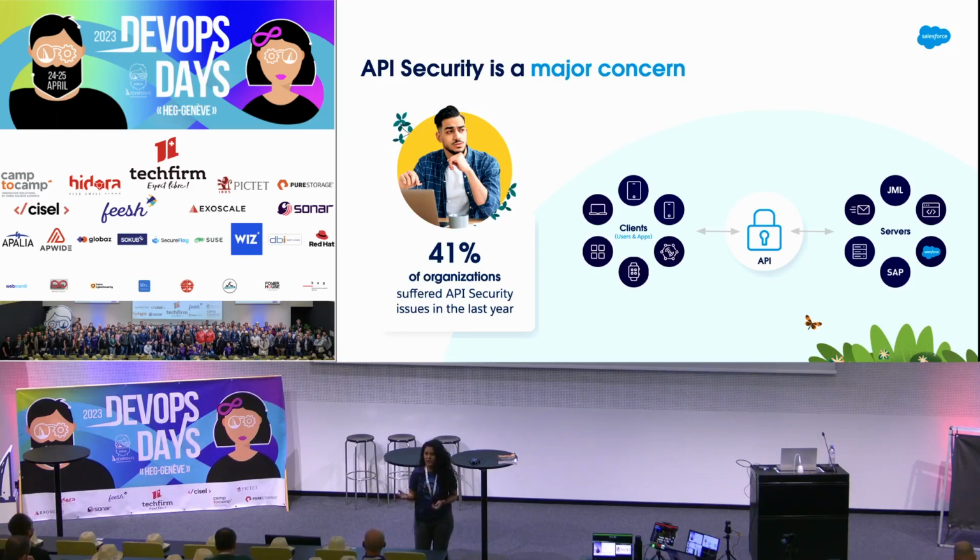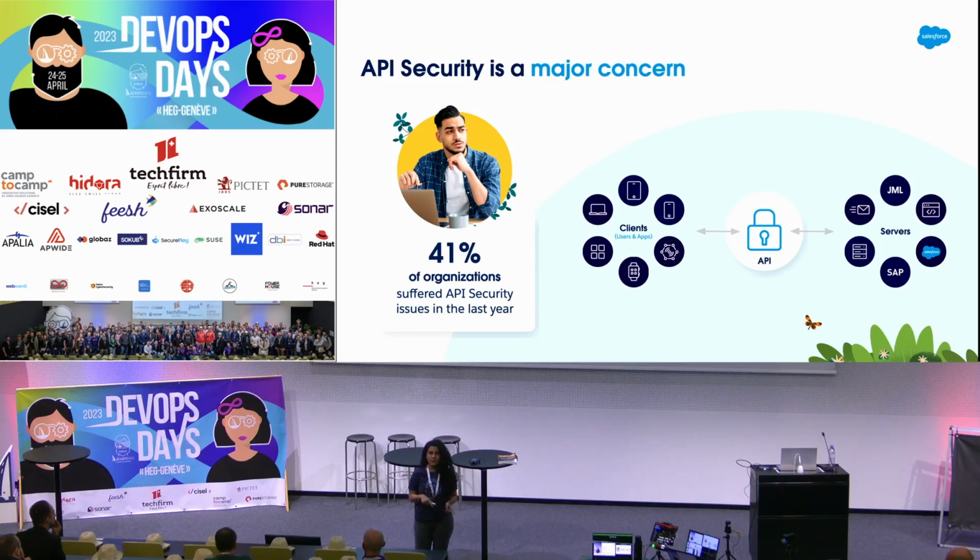So the common attacks would be like DDoS, denial of service, or data breaches, or XML threats or JSON threats, which are injected via the API calls. So you need to protect your APIs from all of that.